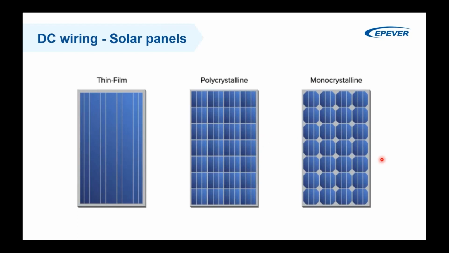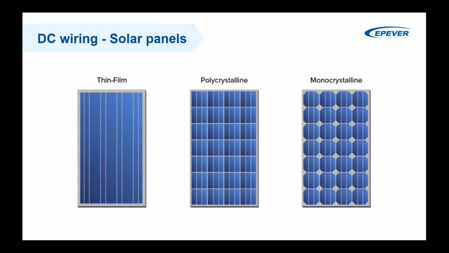So we will start with the solar panels. Solar panels are one of the main components of the off-grid system. They come with different technologies, but the working principle is the same. They all absorb sunlight and generate voltage and current. A solar panel is normally connected to a specific type of connector, which is called the MC4.